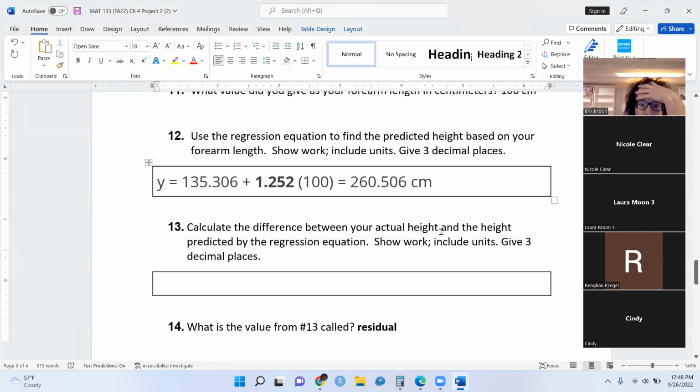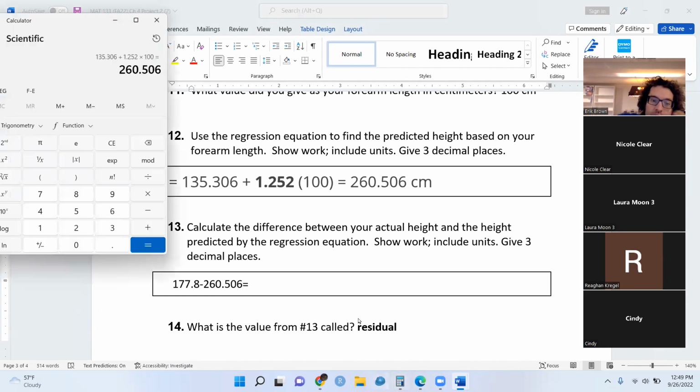Okay, so we're all going to have different answers here. Let's say I'm 5'10". Hey Siri, how many centimeters is 5 feet 10 inches? According to the internet, that's my actual height. I just predicted my height would be this.